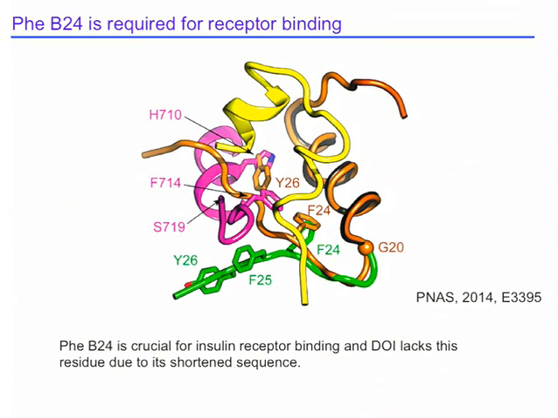They showed that there is a conformational change in the C-terminal of the insulin B chain, and phenylalanine B24 in human insulin is important to fit into the pocket. In the case of DOI, there's no such thing because we cut a whole segment off, so we do not have that group to bind with the receptor, and hence you see a 1,000-fold decrease in binding affinity.